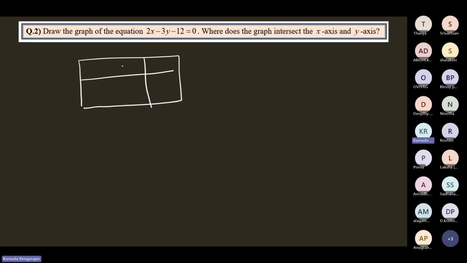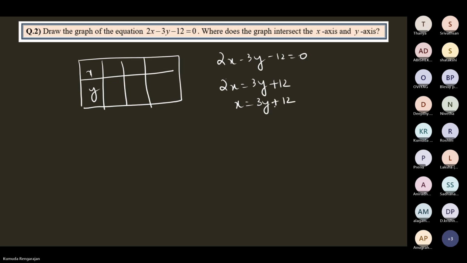Before you do that, take up the equation given to you and write x in terms of y or y in terms of x. See, you can write it like this. 2x is equal to 3y plus 12. x is equal to 3y plus 12 by 2.